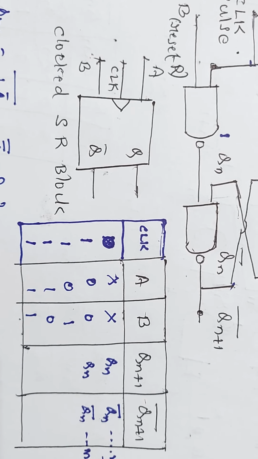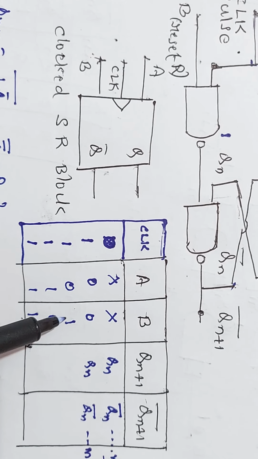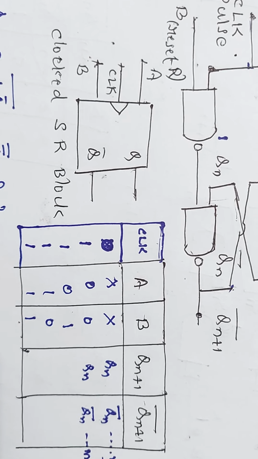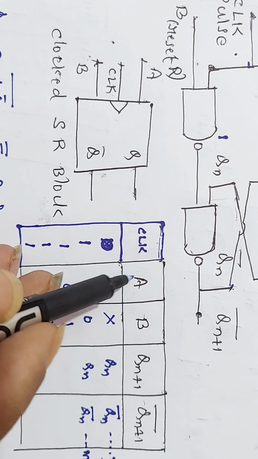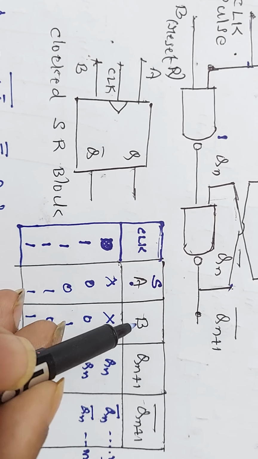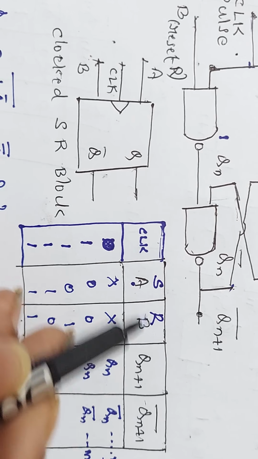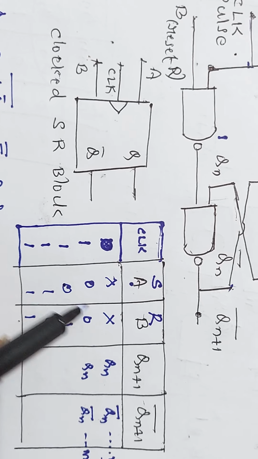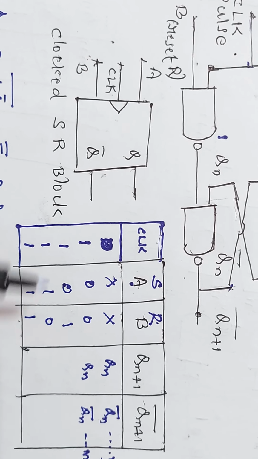Now, consider the case 0 and 1. Input A is also called set input, the input B is also called reset input. When the set input equals 0, when the reset input is equal to 1.